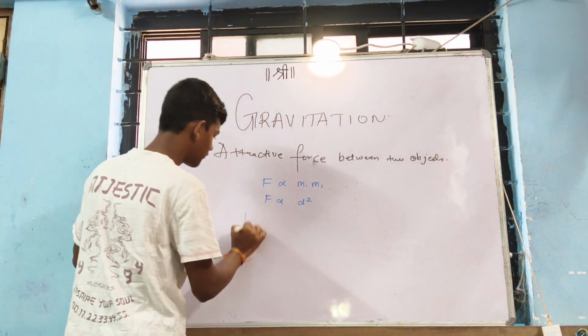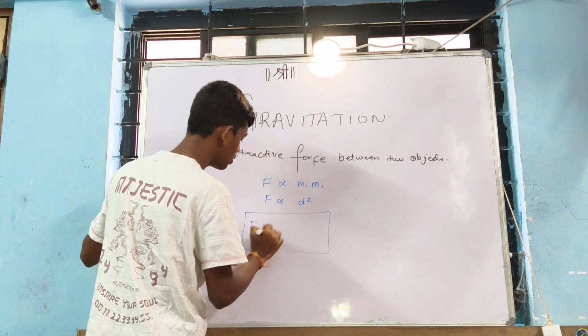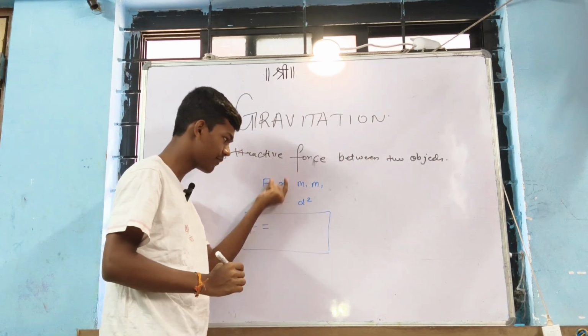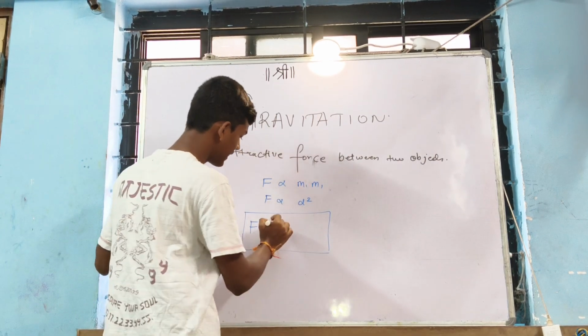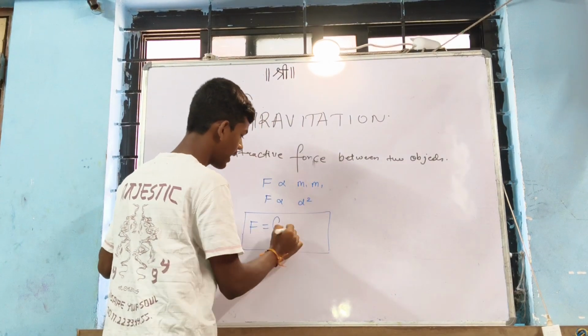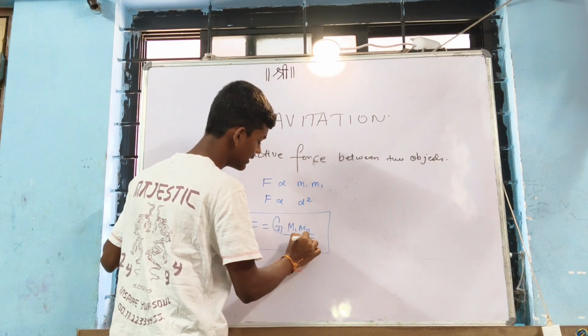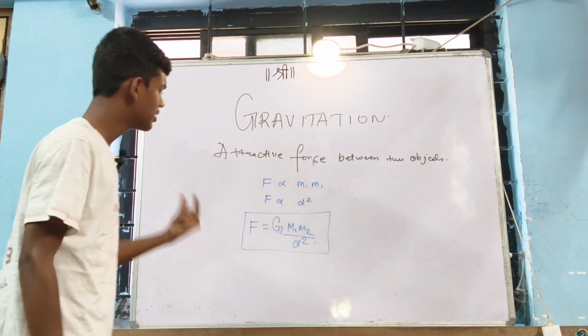So we write the force as F is equal to, when we remove the proportionality, the constant takes place. The constant is G, the gravitational constant, times M1 M2, which is directly proportional, upon D square, which is inversely proportional.